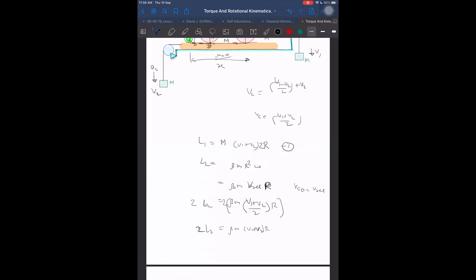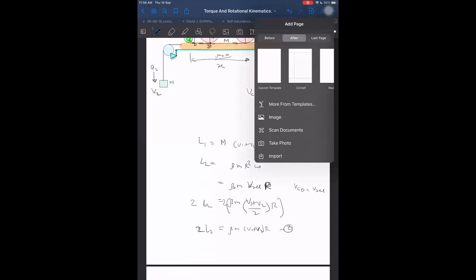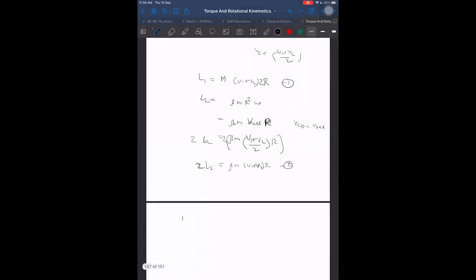So what do we get? Net angular momentum will be the sum of these two angular momentums. So what is it finally? L1 plus 2L2, that is the net angular momentum, and that is coming out to be (m plus beta m) whole into (v1 plus v2) into 2 here into r, I think, just by adding.